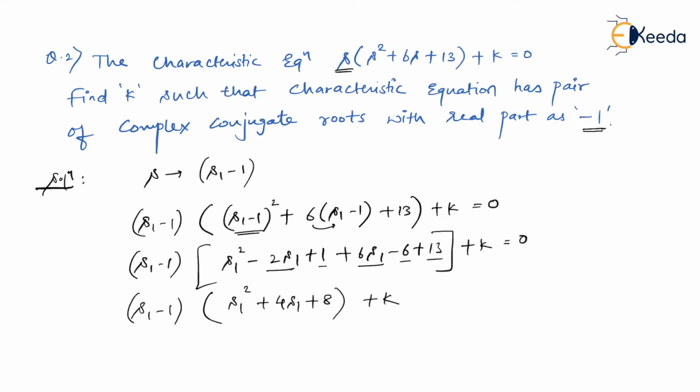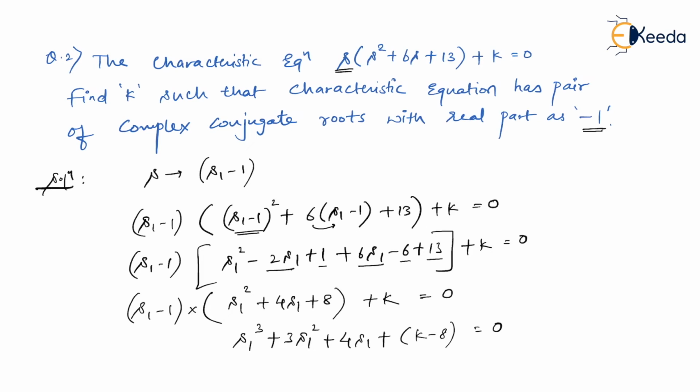So now I can take this s1 inside, and after multiplying these two brackets, you will get the following equation that I'm writing. It is s1 cube plus 3s1 square plus 4s1 plus k minus 8, and this is equal to 0. So now I have the final characteristic equation for which I can easily go for the Routh-Hurwitz array.